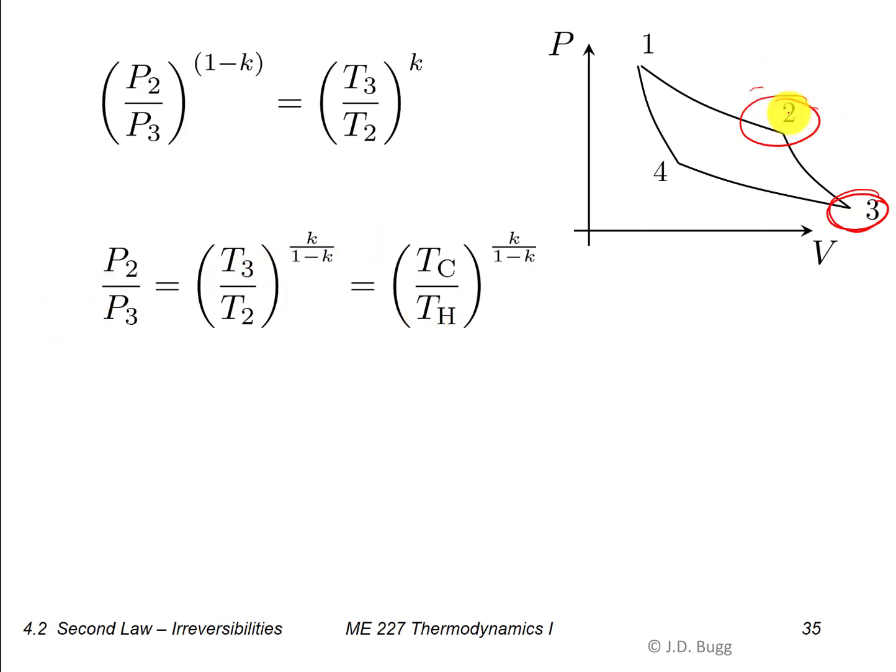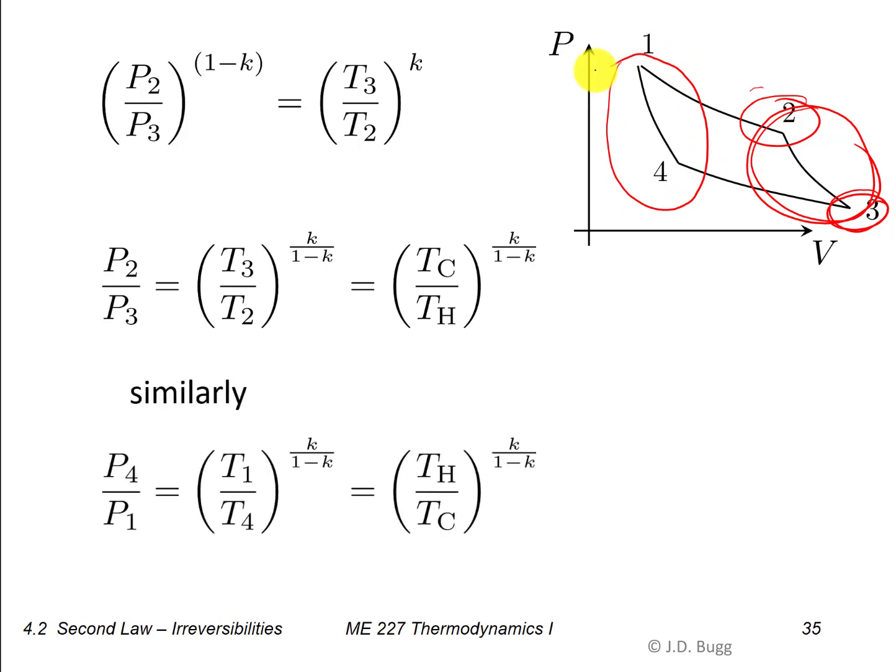So by looking at this process, we've got this pressure ratio written as a function of the temperature at those 2 points. So realize we can do exactly the same thing for the process from 4 to 1. And if we do that, we get the pressure ratio from 4 to 1 being Th over Tc to the same exponent as this. So if we compare these two expressions, notice that the only difference on the right-hand side is these are the inverse of each other. So we can invert either one of these, whichever we want, and that makes them equal.